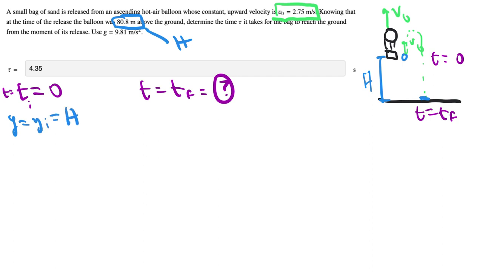Here I'm using y instead of x because we're moving vertically instead of horizontally. It doesn't really change anything, but in the second unit it's more useful because we will have x and y vary separately. And then we end at some final position, which is 0, because I'm going to put my origin right here, right where the bag's about to hit, and call that plus.